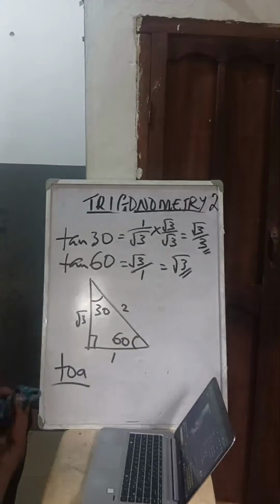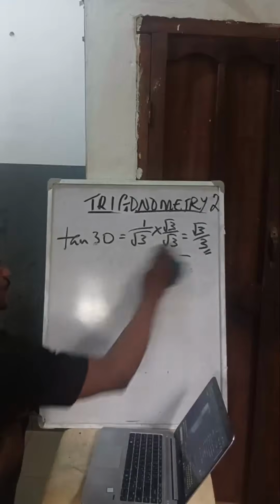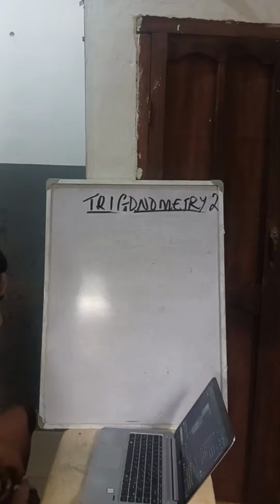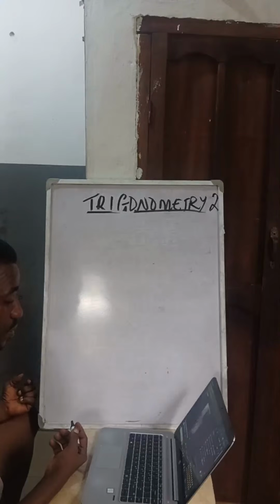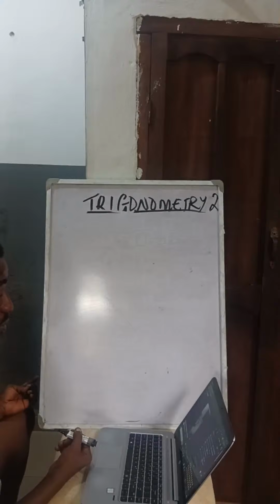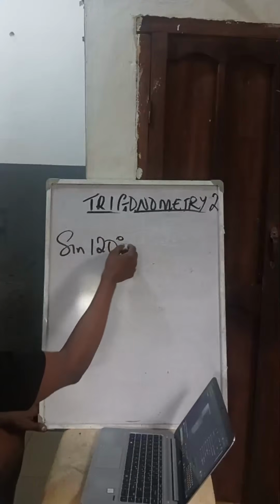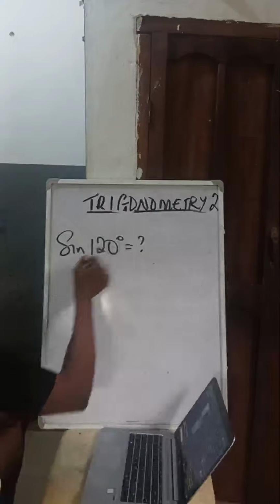Now, anytime you are given the sine of any angle, for example, sine 120 degrees is equal to what? 120 is in the second quadrant, and sine is positive in the second quadrant. So your answer must be positive.